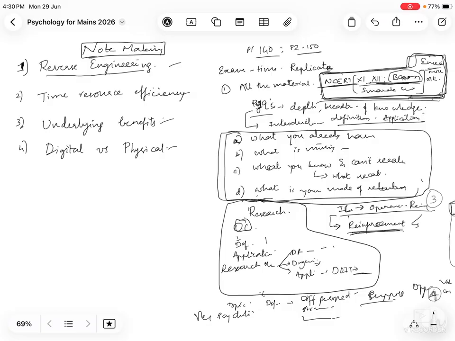So this is going to put you in a really good position when you start writing answers, when you want to refer to any knowledge gaps, when you want to fill those knowledge gaps. So this is the way I'll approach, so you can approach in this way.